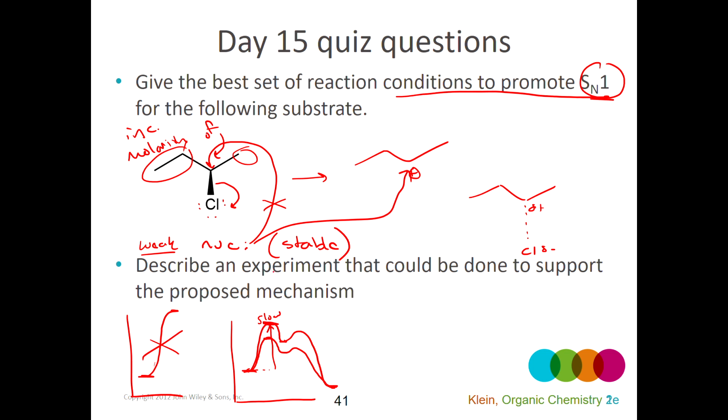So if I wanted to experimentally verify then that it was happening by an SN1, there are two things I could do. I could confirm the racemic mixture produced, as we said over here.